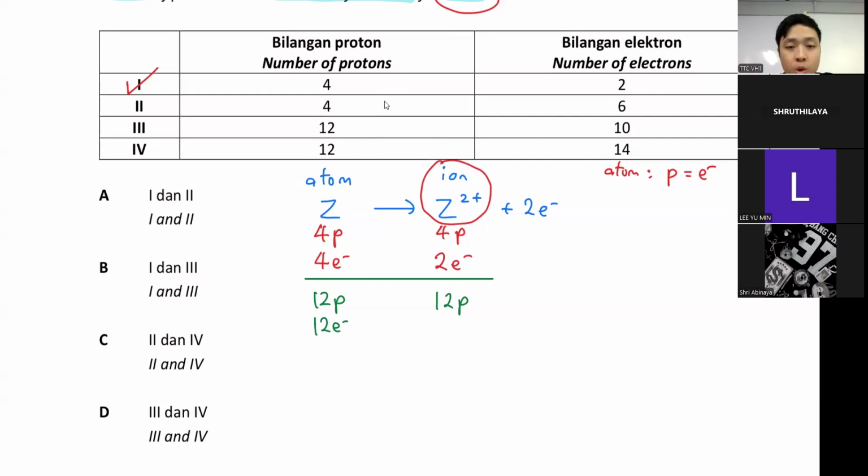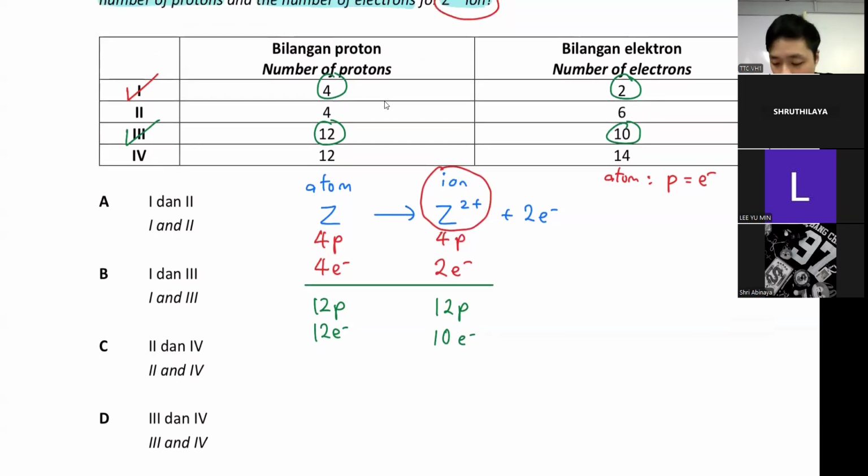Do you think it's getting 14 or getting 10? 10. So it can only be the third one. Donating means the number of electrons is always less than the number of protons after becoming positive ions. So the answer is B.